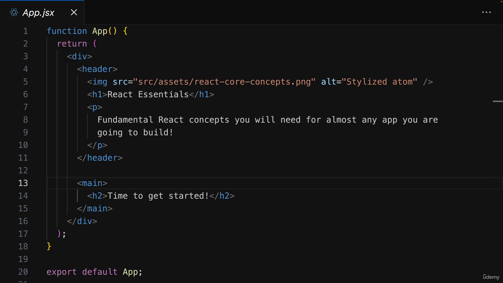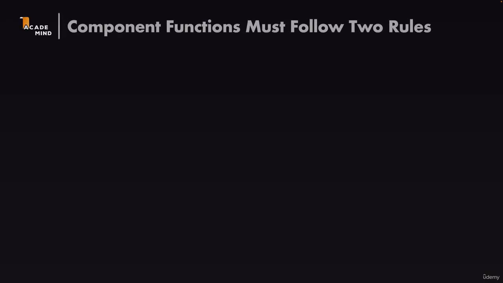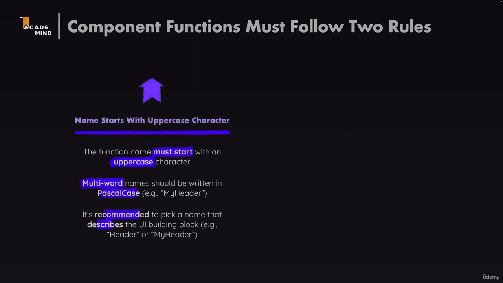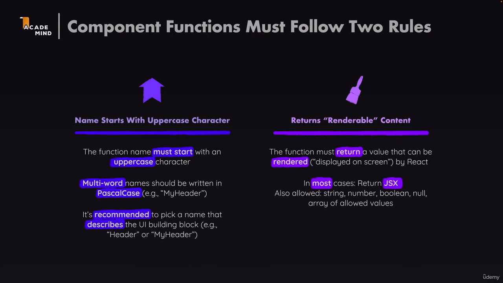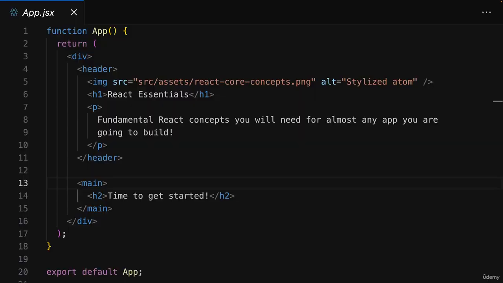Though in order to be recognized and used as a component by React, it's a function that must follow two important rules. The function name must start with an uppercase character, and the function must return a renderable value, typically the to-be-rendered HTML markup. So this JSX code you see here.